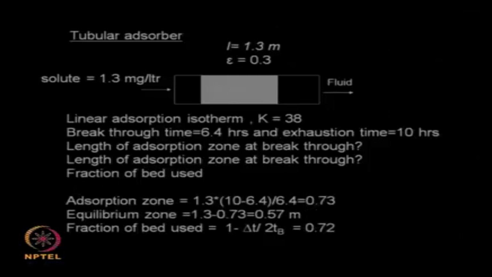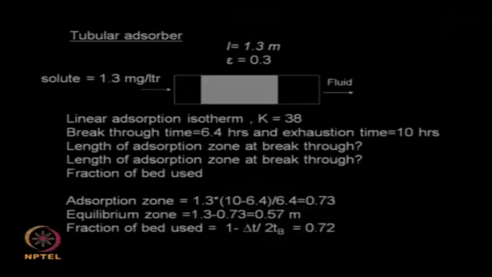That means 0.73 meters is called the adsorption zone, and the equilibrium zone you can get by subtracting from the overall length, that comes out to be 0.57 meters. So 0.57 meters corresponds to the equilibrium zone and 0.73 meters corresponds to the adsorption zone.